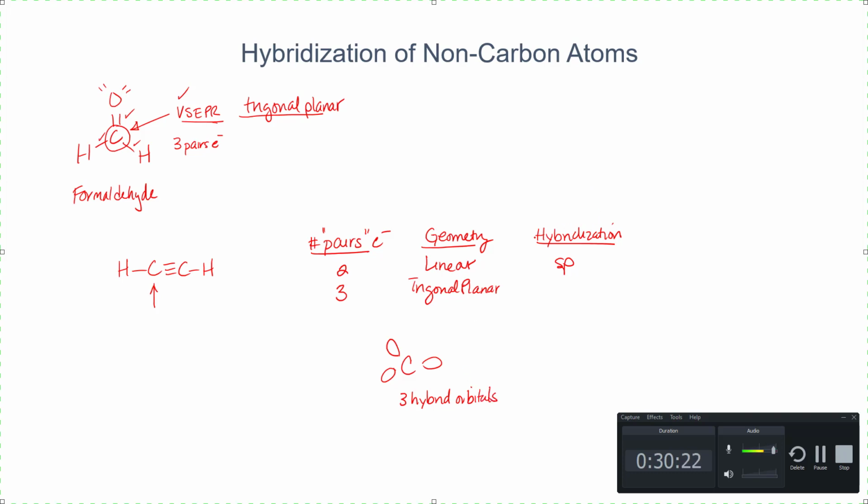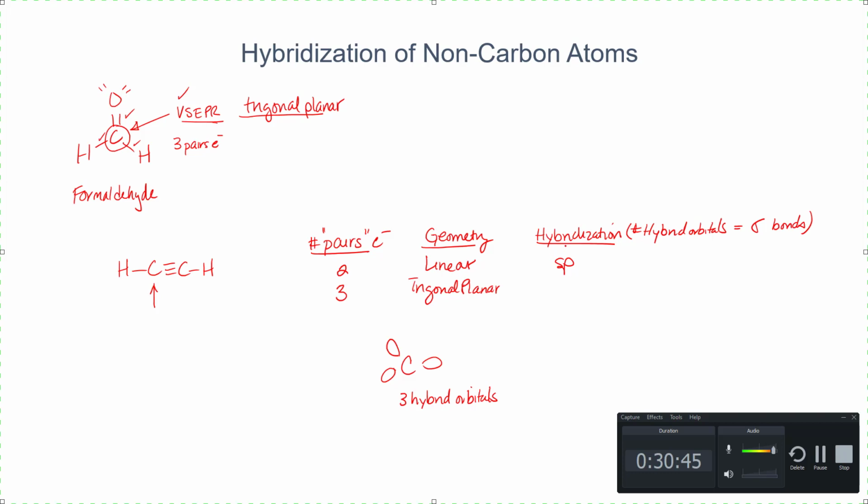And at this point, let me make something absolutely clear. The hybridization basically is the number of hybrid orbitals, which is also equal to the number of sigma bonds.